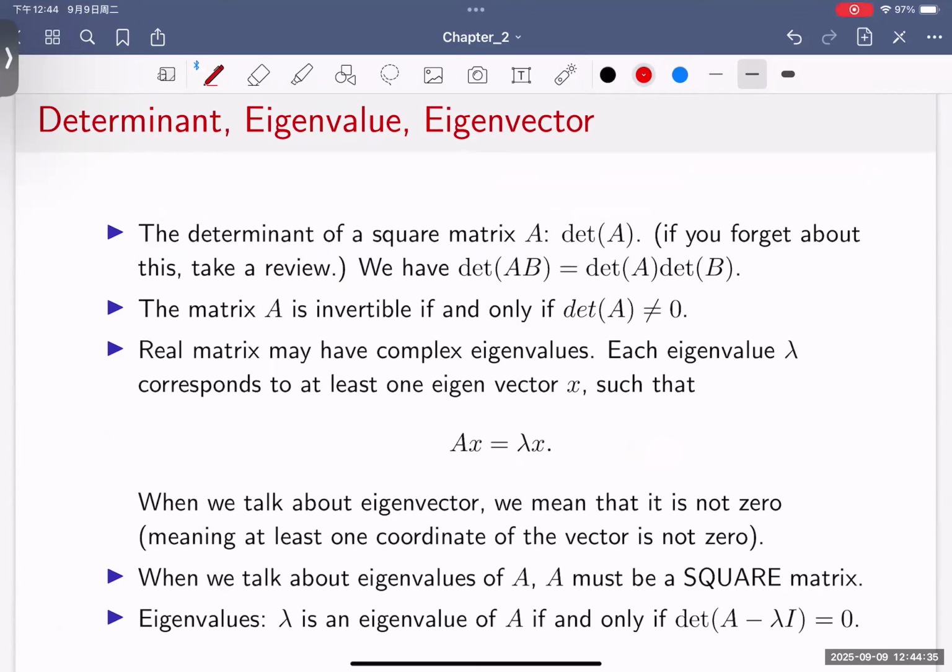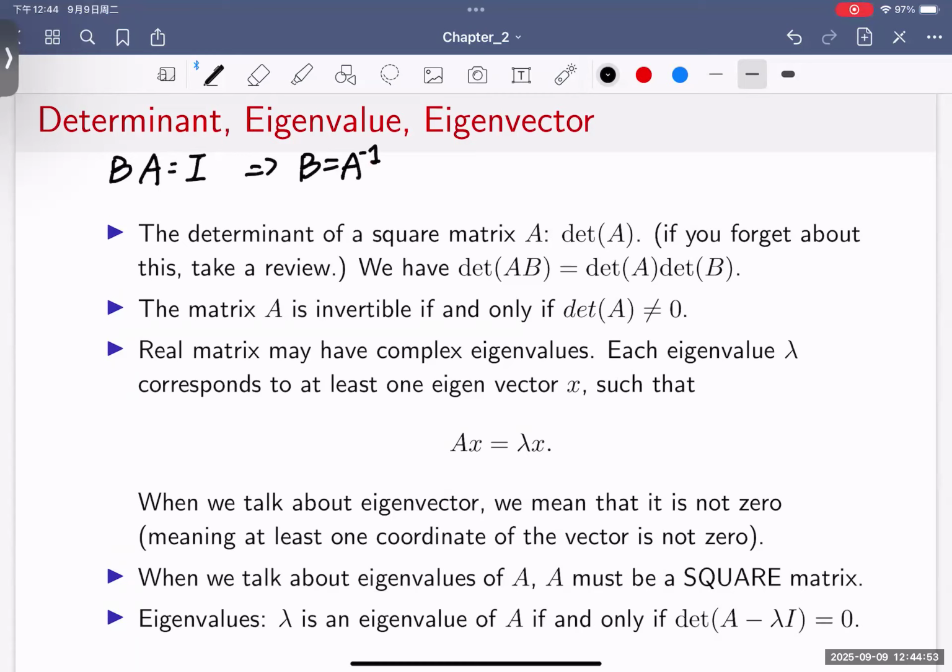The inverse stands for finding another matrix B such that B times A is the identity matrix, and at this moment we call B the inverse of A.